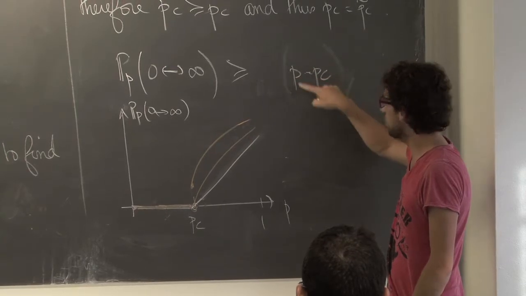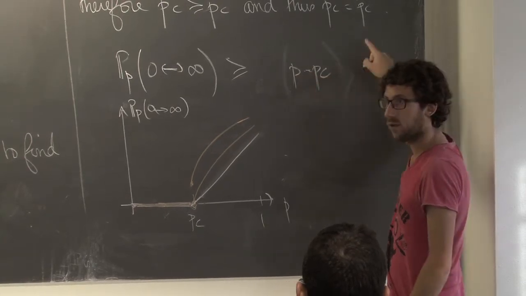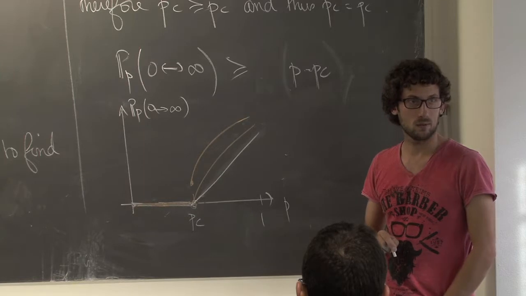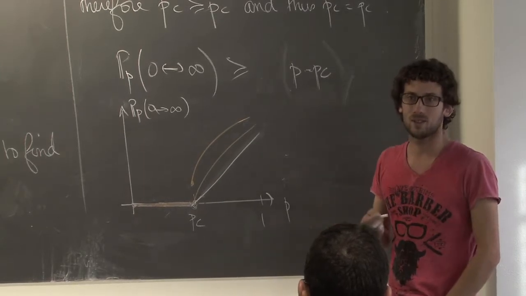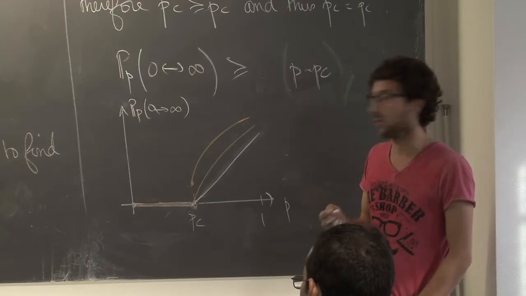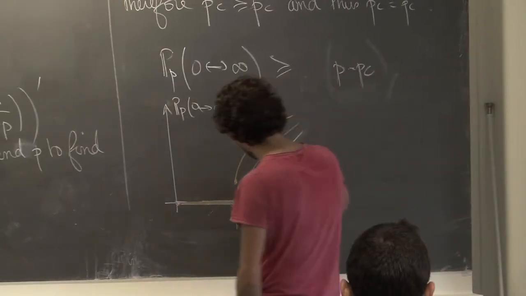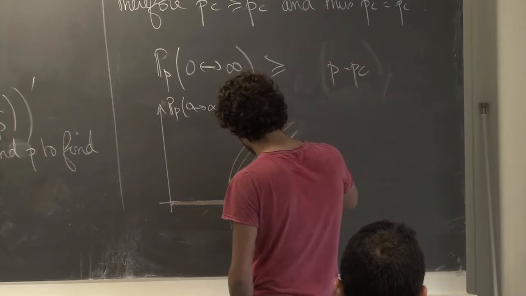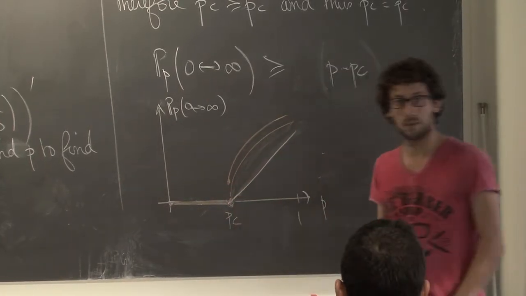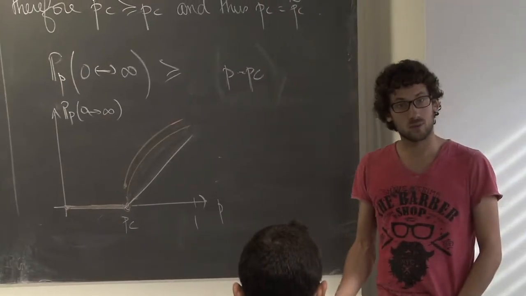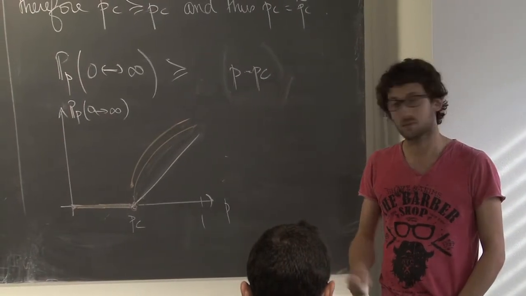You will see that it's p minus pc to the 5/36, sorry, the right behavior. So it's not p minus pc to the 1. So in 2D it behaves like that, really, and in particular it has here a blow-up of this type. So it's not the truth in any dimension.